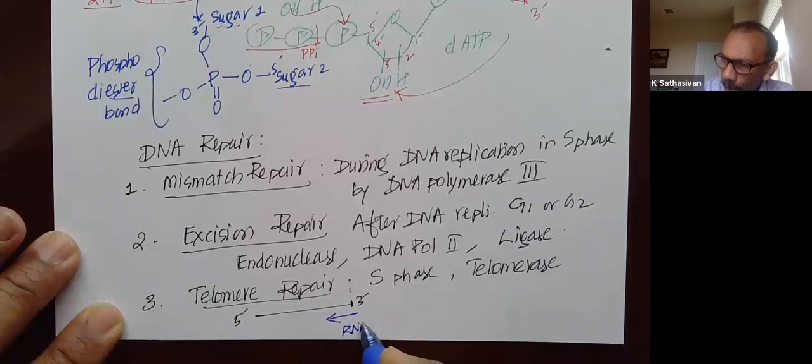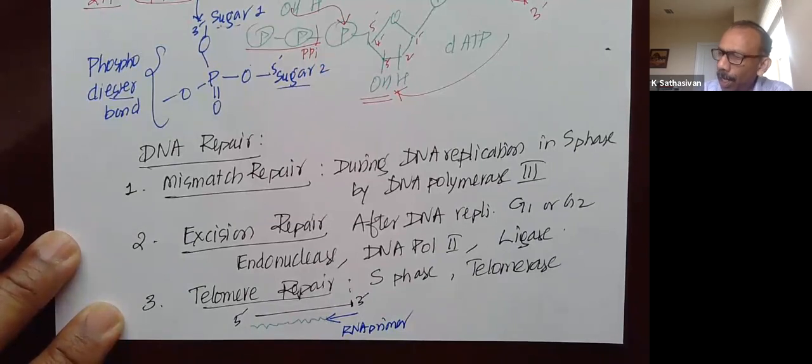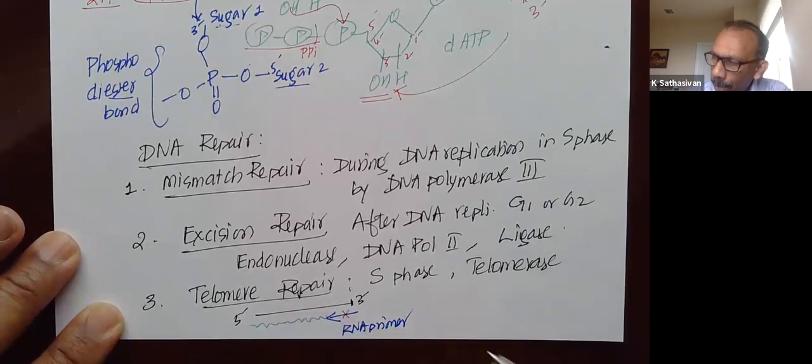This is the RNA primer, and you make the new DNA strand starting from this. The new DNA is being made. After the new DNA is made, the RNA primer is degraded. This part is degraded. So the telomere becomes shorter and shorter. This becomes single strand. RNA has to go because DNA polymerase 1 will come and remove that.